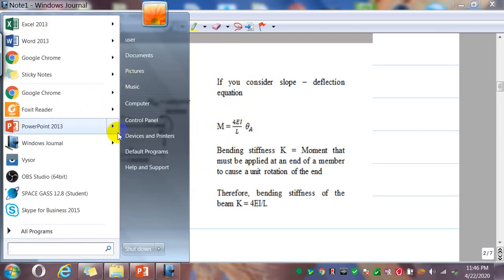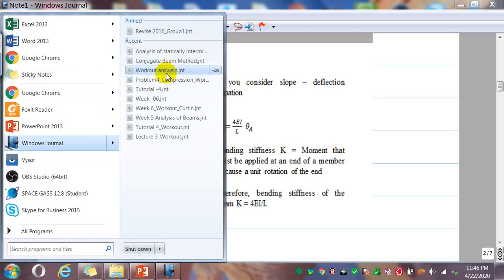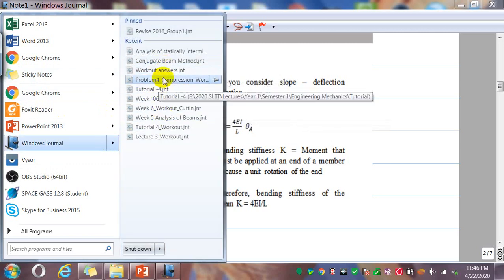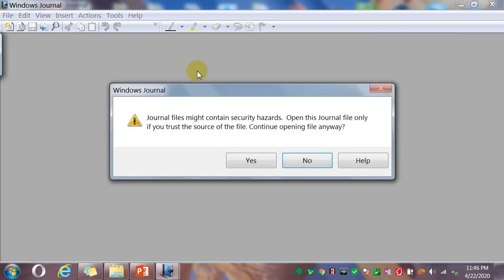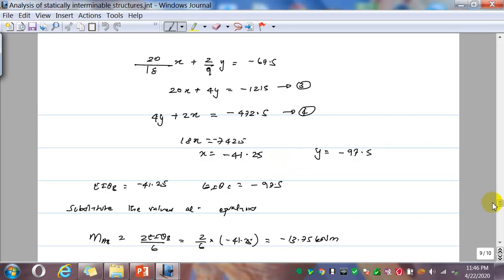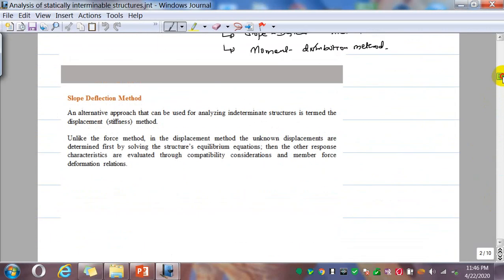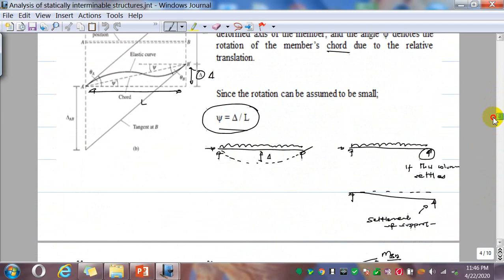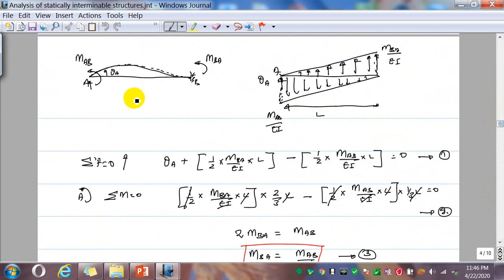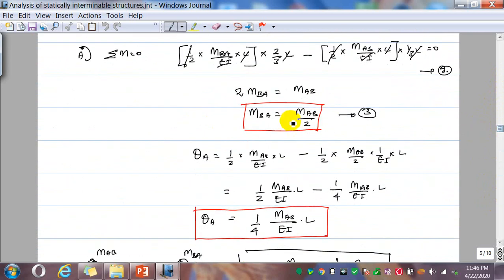I can show you that. Here is our discussion on the slope deflection method. Here we have applied a moment and rotated by theta B, and then we got a relationship between BA and AB.